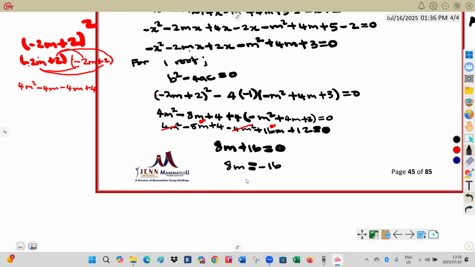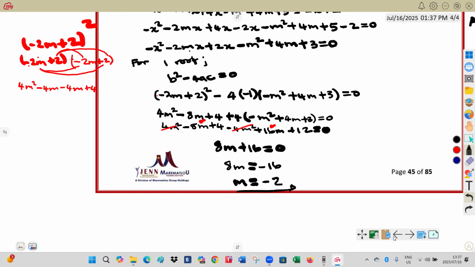Then divide both sides by 8. We'll end up having our m being equal to a negative 16 divided by 8. It's going to give us a negative 2. This becomes our final answer.